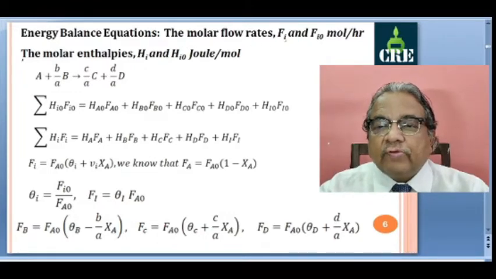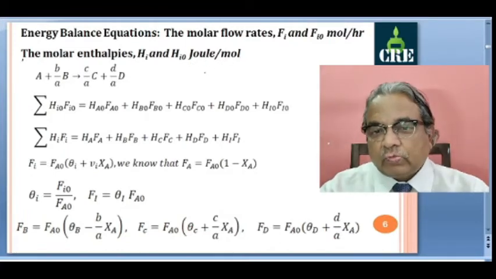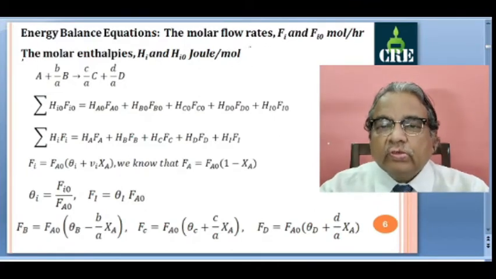So molar flow rates Fi and Fi0 in moles per hour, molar enthalpies Hi and Hi0 in terms of joules per mole. So Hi into Fi will give you joules per hour or calories per hour, minute, second, whatever the units.